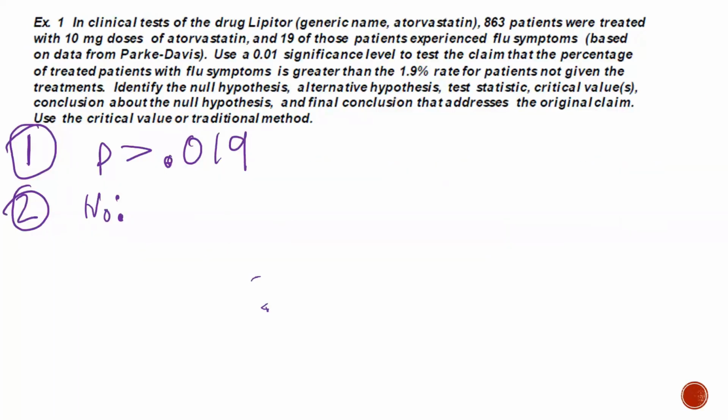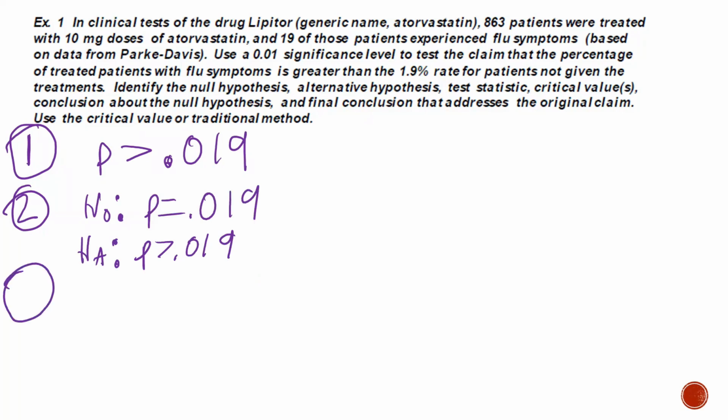So the null hypothesis in this case is that p equals 0.019, and the alternative hypothesis is that, okay, Bobby, step 3 is to identify the, oh wait, I didn't finish step 2. In step 2, I have to write these in. I have to say the type of test; this is right tail because greater than. What do we do in that third step, Bobby? And in this case, yeah, same as before, 0.01 the last time.